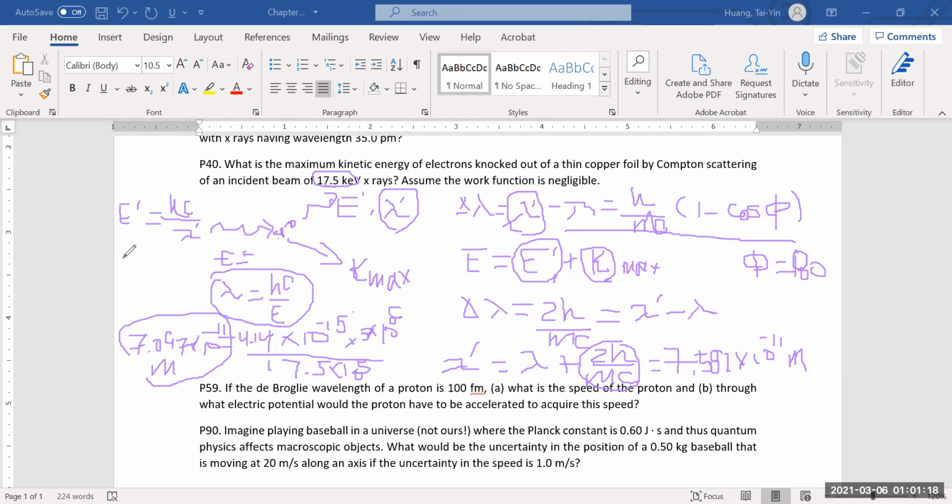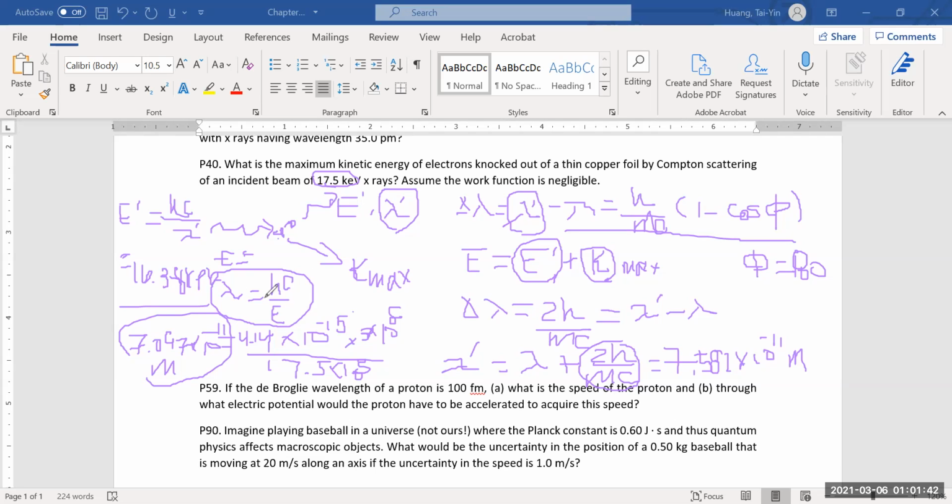After you've done that, you'll get E prime with a numerical value of 16.38 keV. So it's 16.38 keV for the outgoing photon.